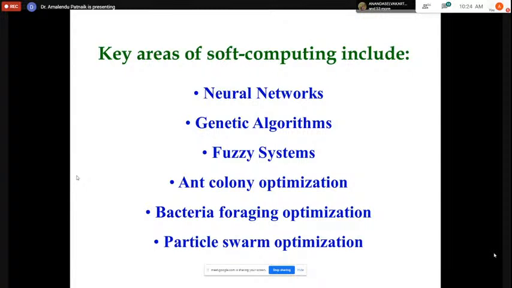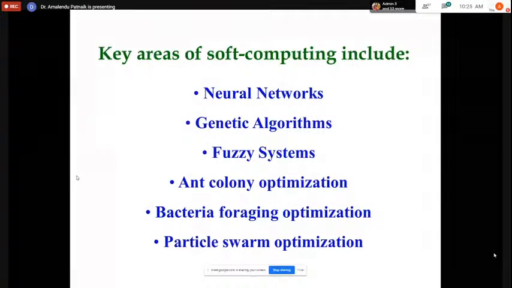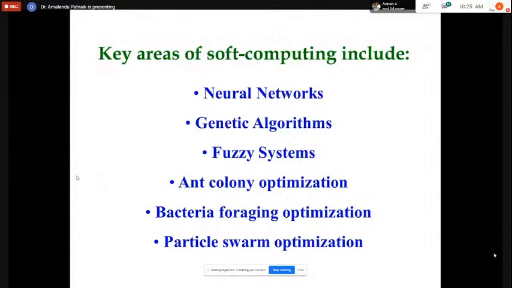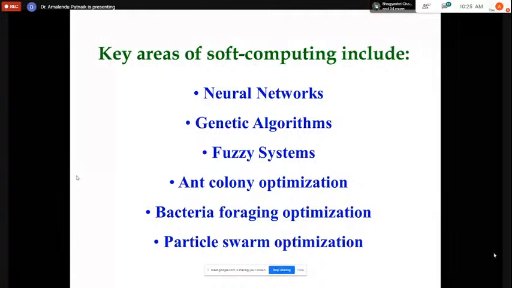In MATLAB, you can find a neural network toolbox and a genetic algorithm toolbox. In CST, HFSS, other optimizers are also available. That means once you have designed your structure, to optimize it, you choose that particular optimization so that you will get an optimized structure for your required results.